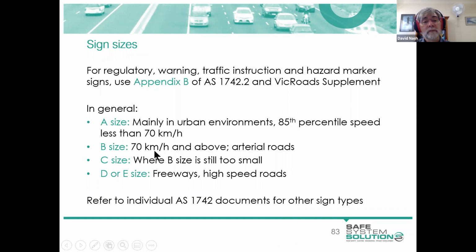B size for 70 kilometres an hour and above, and arterial roads. C size where B size is still too small, which is not really providing you much advice, really. And D or E size for freeways and high-speed roads. So there's a bit of leeway there, but that's general guidance on how you choose the different sizes where they're available.